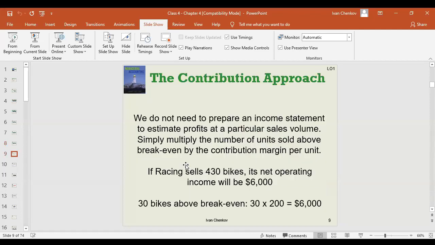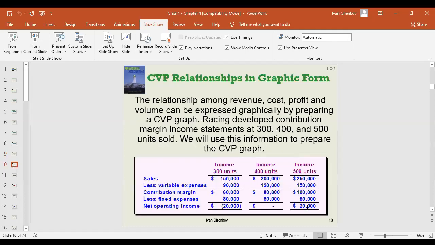If you sell 430 bikes, or 30 bikes more than the break even, how much will be your operating income? Obviously, the difference over the break even times the contribution margin per unit is going to give you $6,000. And that's the actual confirmation of that.